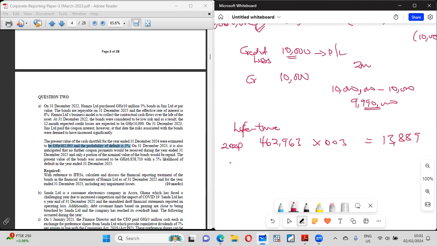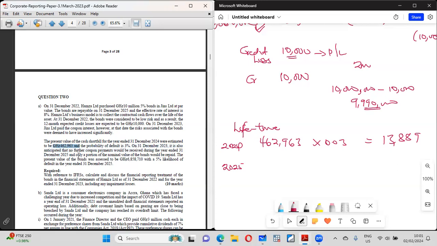Then in 2025, what will it be? 2025, what will it be? They also told us that in 2025, so on 2023, it's also estimated that no further, of course, it's true, but they've done it for us. So they've done everything for us.